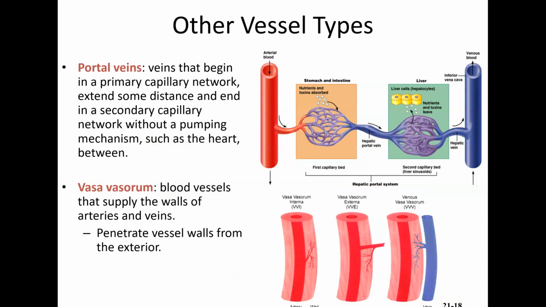The second type of vessel we have is the vasa vasorum that I mentioned previously. These blood vessels are extremely small, and they are the ones that are giving blood supply to the vessels themselves. So you can see there's a couple different examples as far as how they are giving supply, but I just want you to know the general term vasa vasorum.